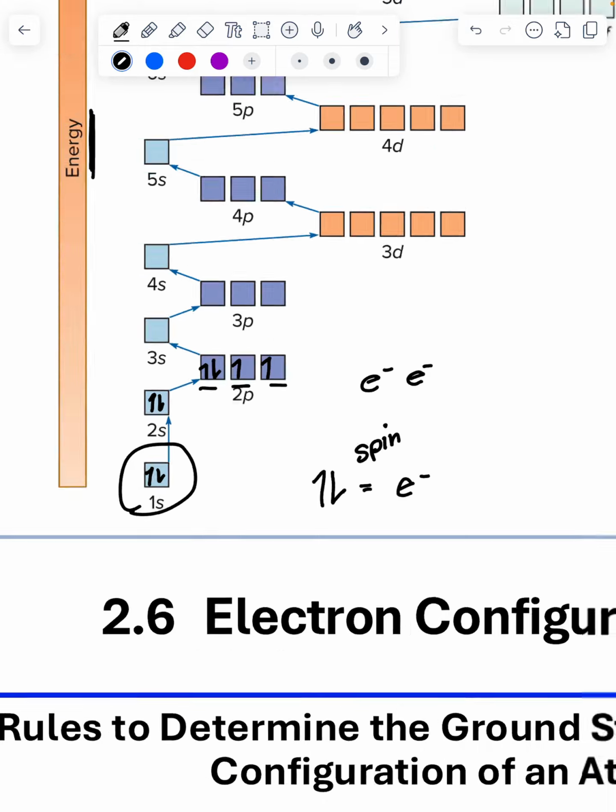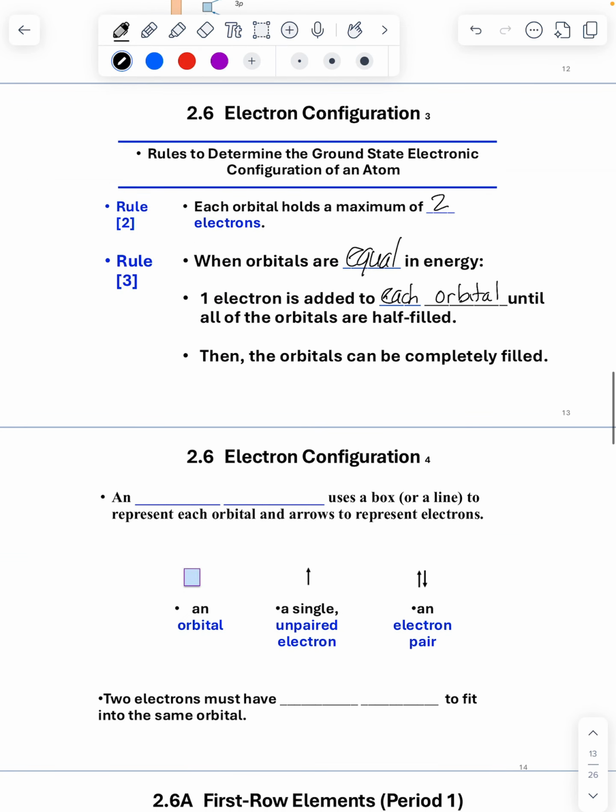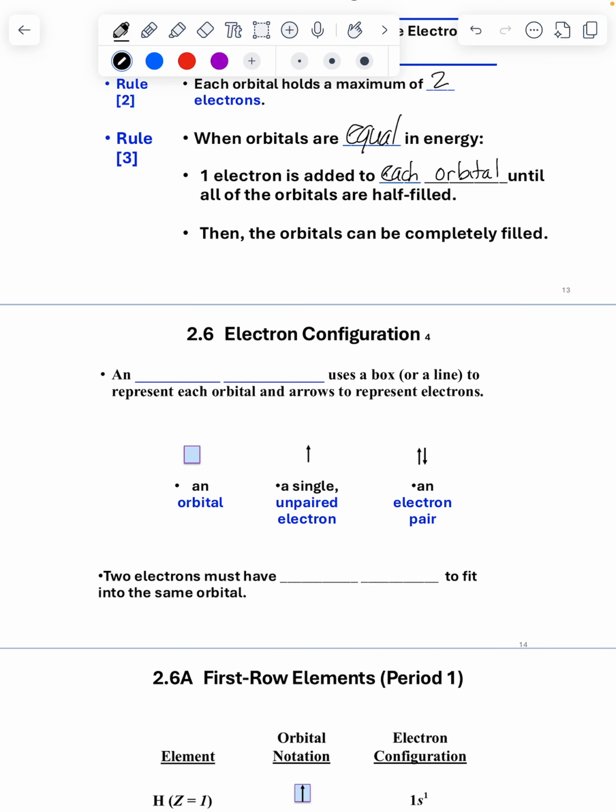All right, let's keep on going with our notes. There's something called an orbital diagram that I've been showing you. This is the name of it, where you see this little box and you see these arrows. So an orbital diagram uses the boxes, and once we start writing quite a few of these, instead of the box, we'll just simply do a line, and we'll put our electrons on the line instead of in the box.